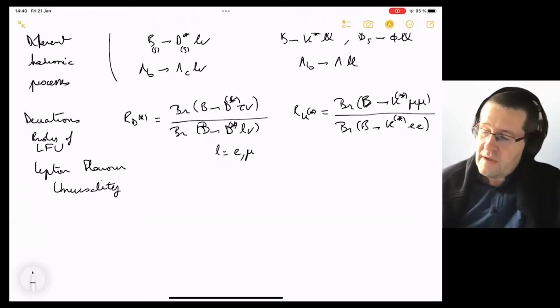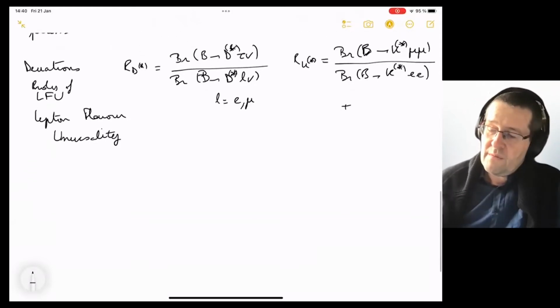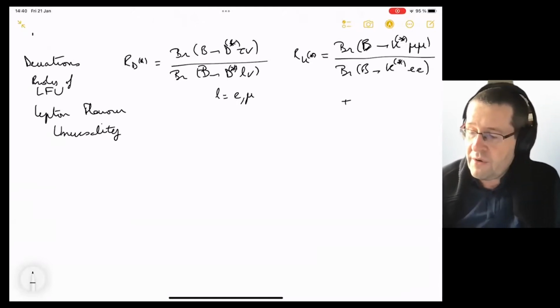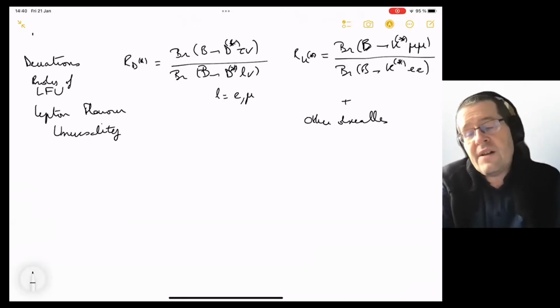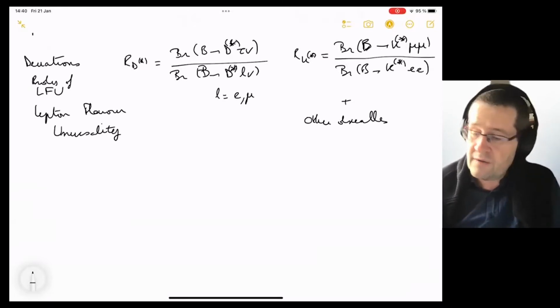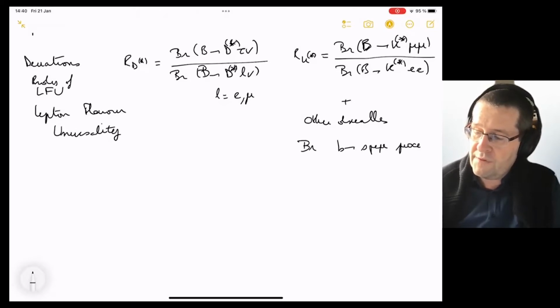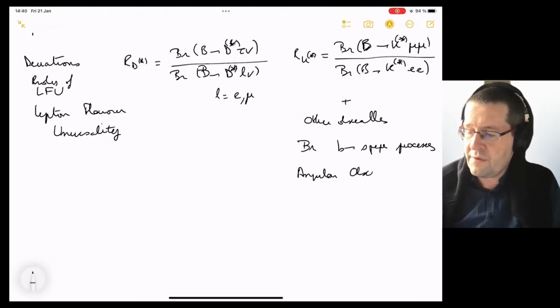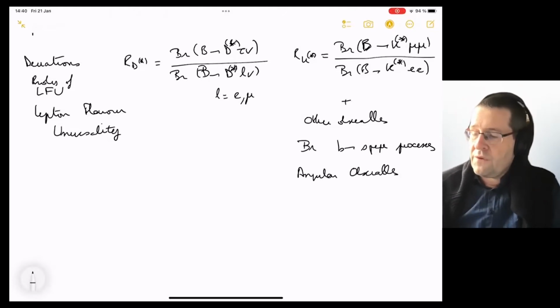Moreover, in the case where you're looking at B to S l l, you have other observables that are indicating deviations from the standard model expectations, both at the level of the branching ratio for B to S mu mu processes, and also for angular observables, also for B to S mu mu processes.